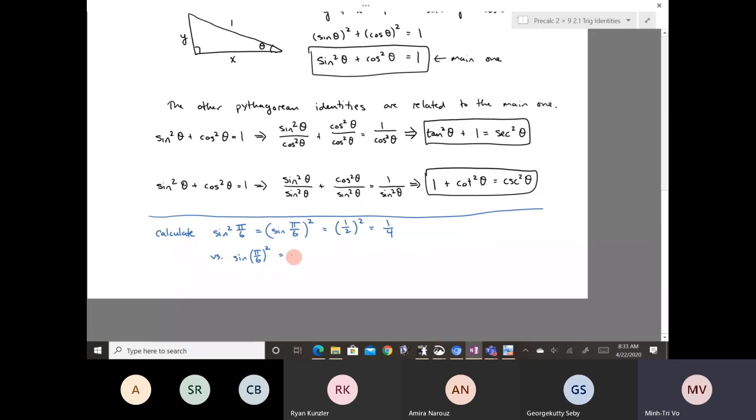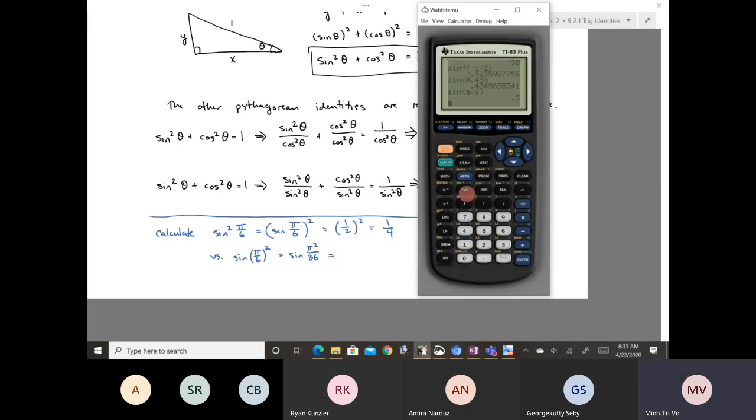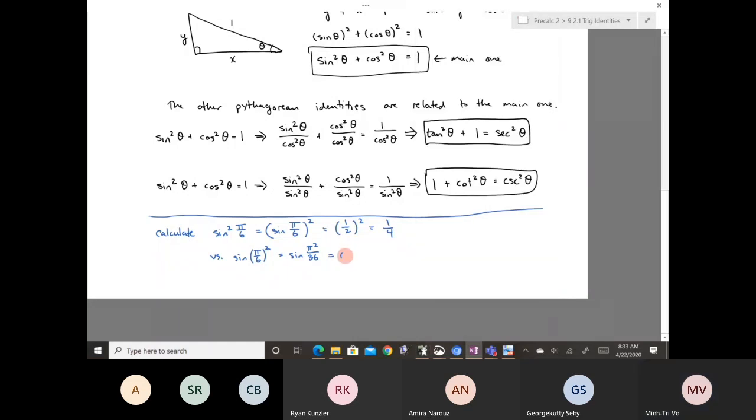So this would mean sine of pi squared over 36. This part is being squared first, and then now we do the calculation: sine of pi squared over 36. And if I calculate this, it's something completely different: 0.2707.